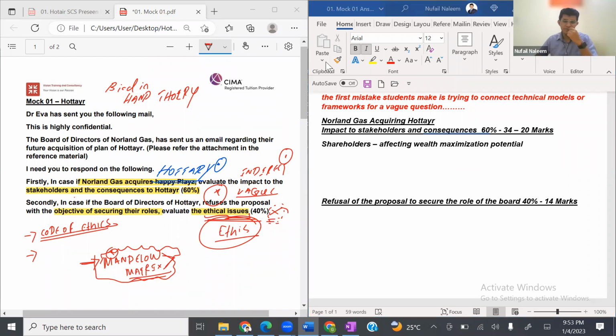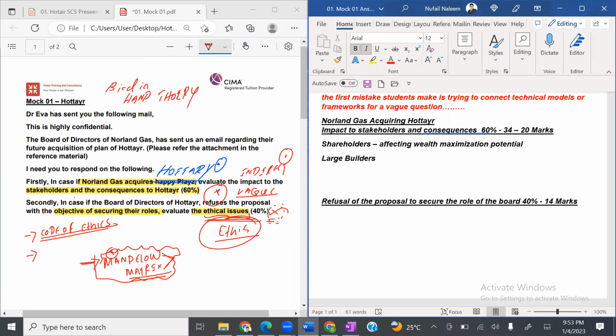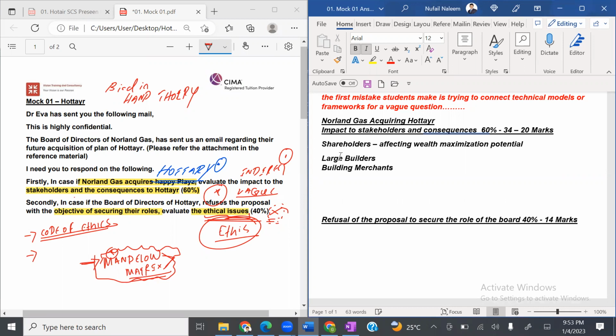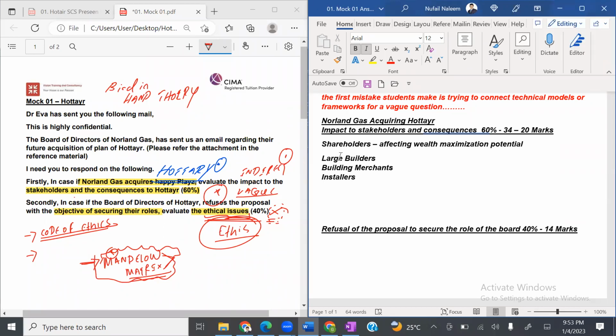It is the large builders. Yes, sir, the large builders will definitely get affected. Correct. And then there are building merchants. And then, if I'm not mistaken, installers, because they recommend. And then finally, it will go to whom? The customer, because the customer doesn't know anything about this. Correct. Yes, sir.